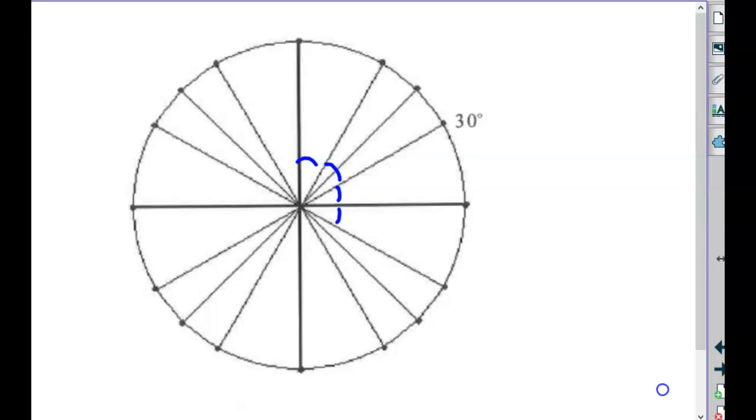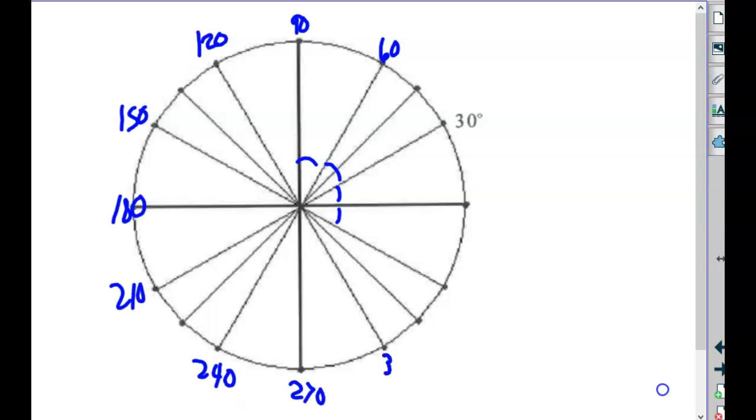So all the way around, skipping these middle ones, because those are going to be the 45s. So 30, 60, 90, 120, 150, 180, 210, 240, 270, 300, 330, and 360, or 0. Everybody good? You can do that part?